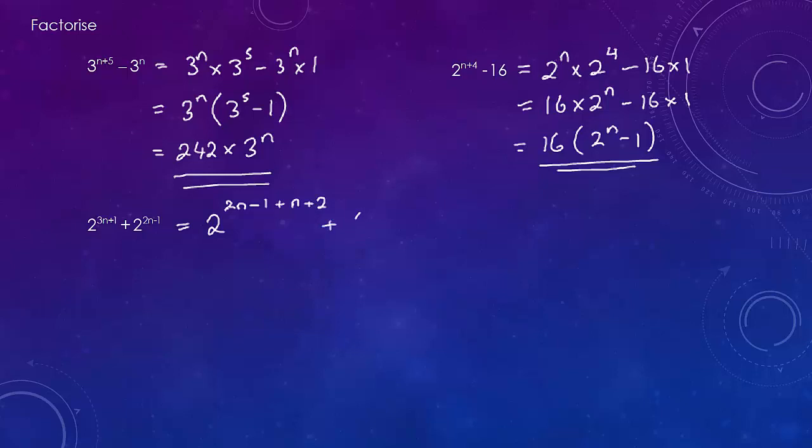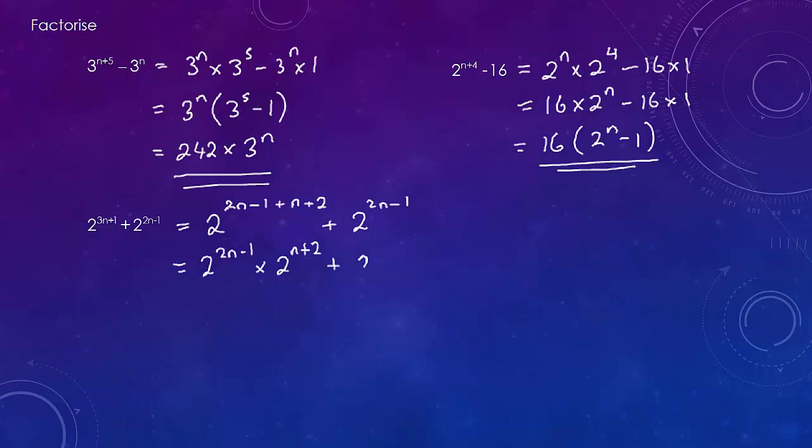And then we've got plus 2 to the 2n take away 1. Well, just using that first index law again, I can write this as 2 to the 2n minus 1 multiplied by 2 to the n plus 2. Note how this 2n take away 1 plus n plus 2 gives us 3n plus 1.